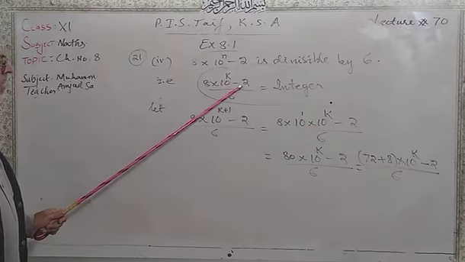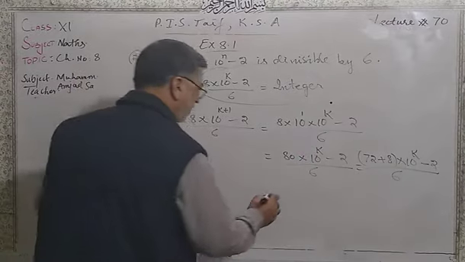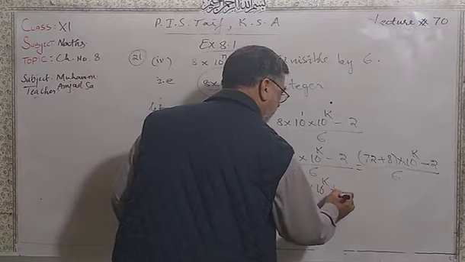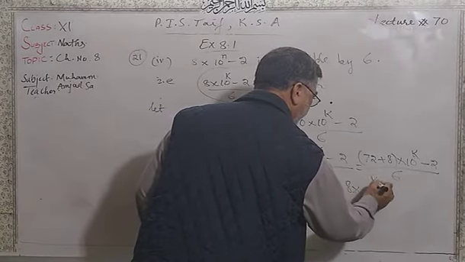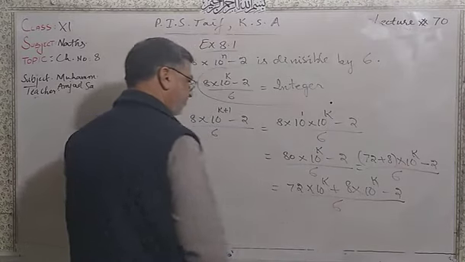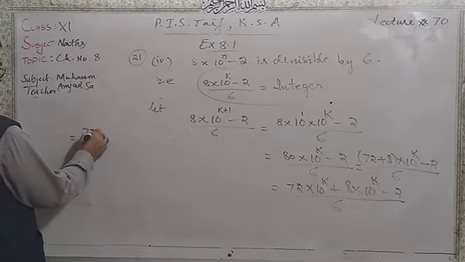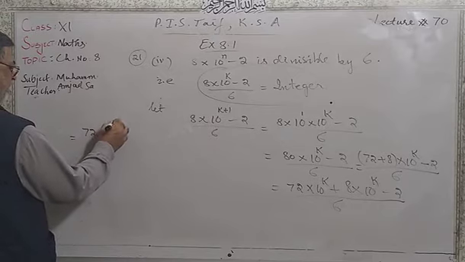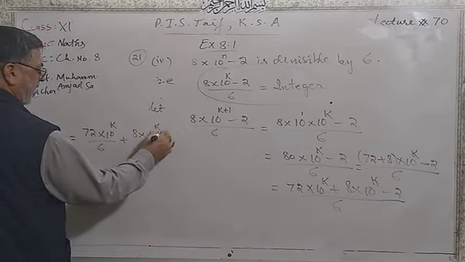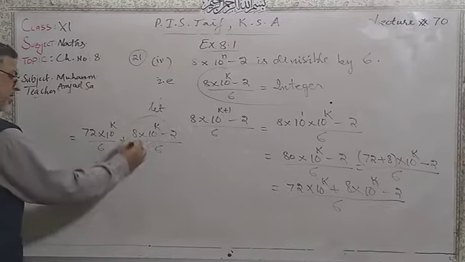If we get this one, we can use it here, and it will be an integer. Here (72 into 10^k + 8 into 10^k - 2) whole over 6. Dear students, you can have 72 into 10^k over 6 plus (8 into 10^k - 2) over 6. Now you can check.